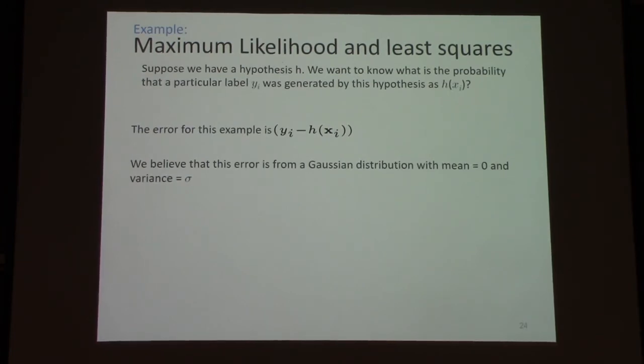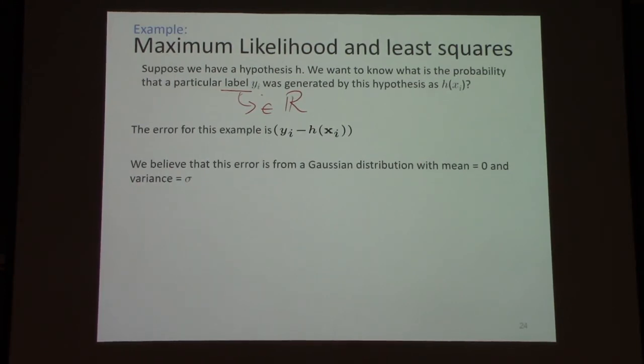We want to know the probability that a particular label, which is a real valued label, was generated according to this story. And according to the story, the error for this label is y minus h of xi.